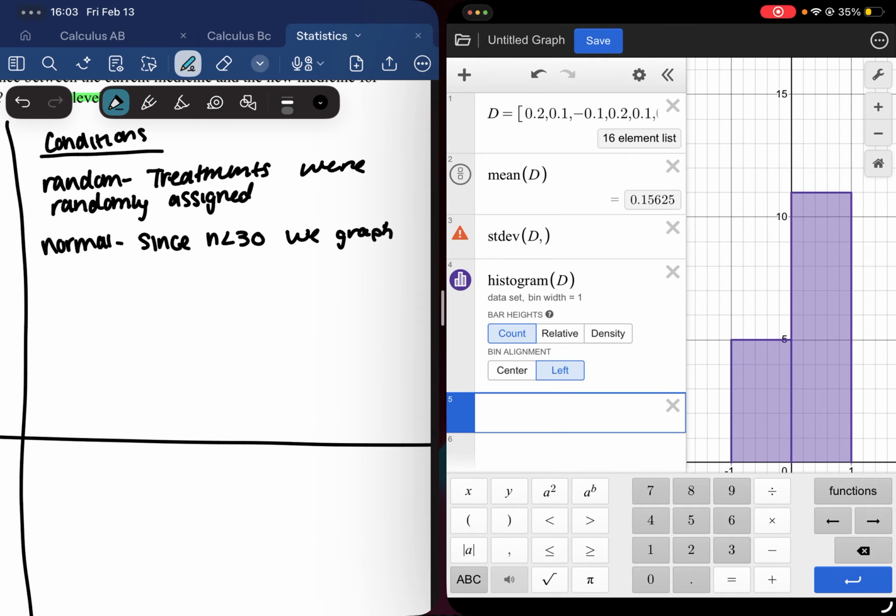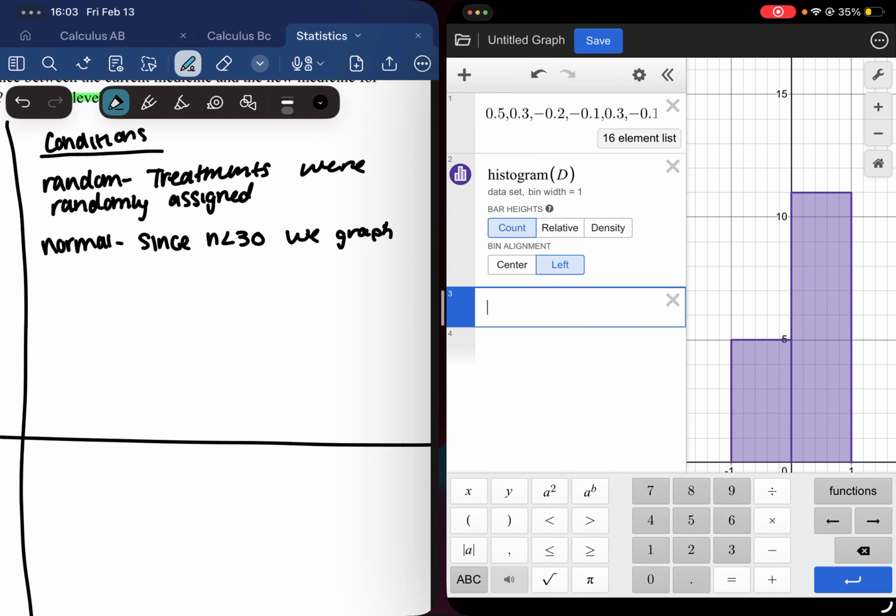In order to determine what my bin width is, I'm going to take the range of my sample, so my largest value, which was 0.7, minus my smallest value, which was negative 0.2, I believe.